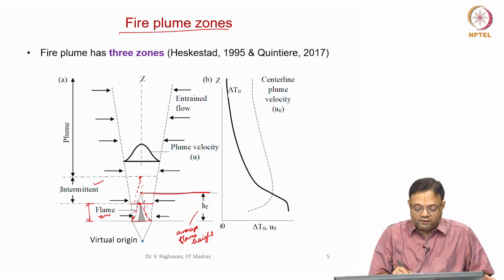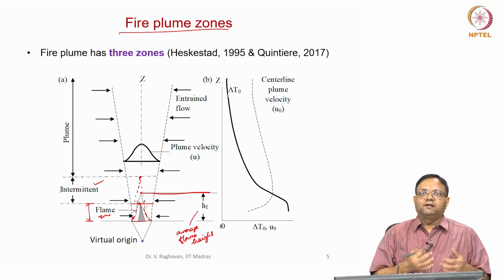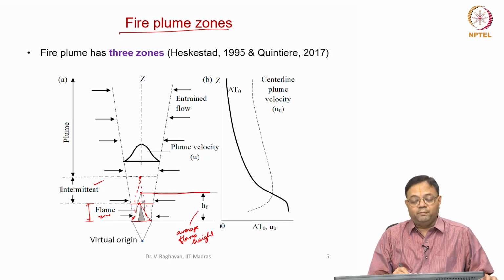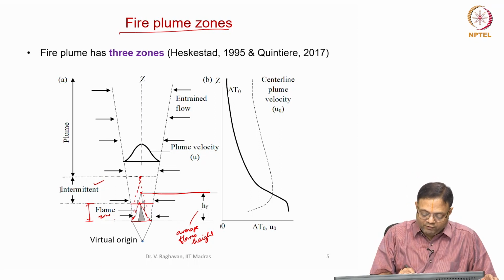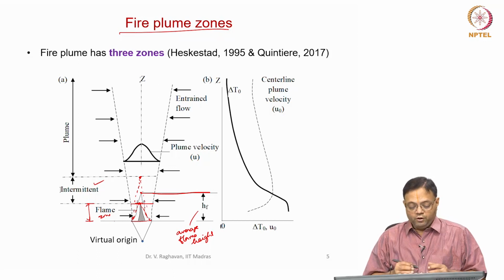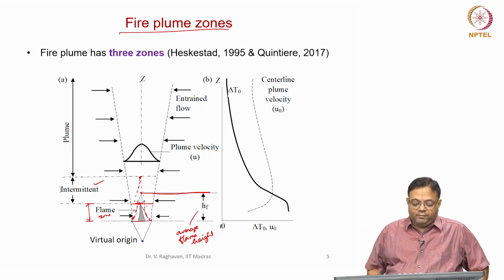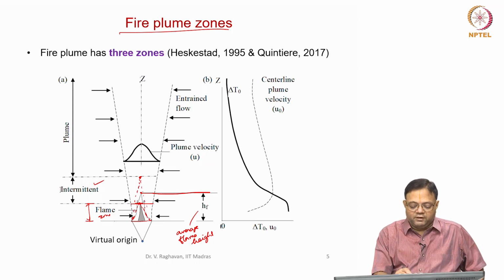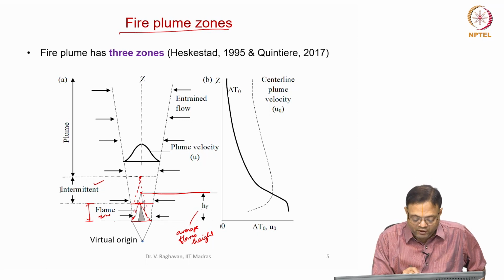Above this height, it is seen for less than 50 seconds. Below this height, it may be seen for more than 50 seconds, but below the flame zone height, it is seen for 100 seconds. So, that is the first zone, where the chemical reactions or the visible flame is seen for 100% of the time, categorized as the flame zone.